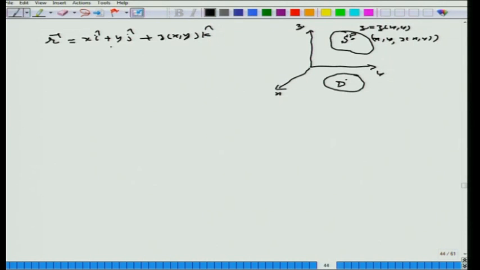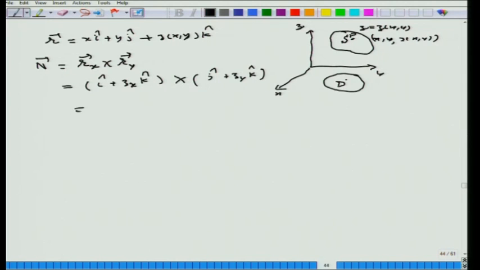So, this will be the position vector in this special case. Usually, if we take u, v as parameters, then x, y will be functions of u and v, but now we are taking x and y themselves as parameters, and then z is a function of x and y. And then in this case, you can see that N, which is nothing but r_x cross r_y, now u is x and v is y here. So, this is nothing but (i plus z_x k) cross product (j plus z_y k).